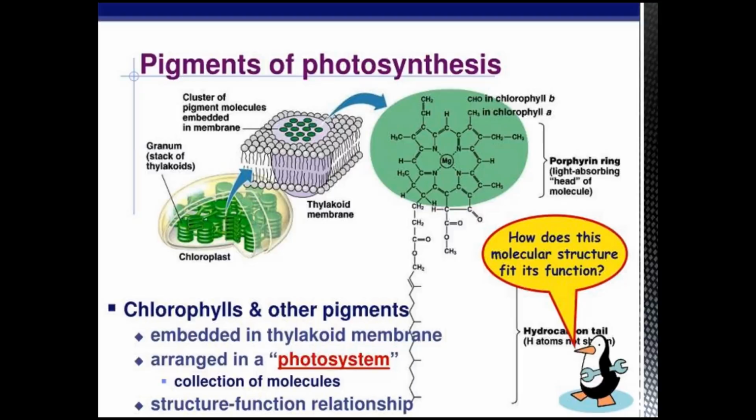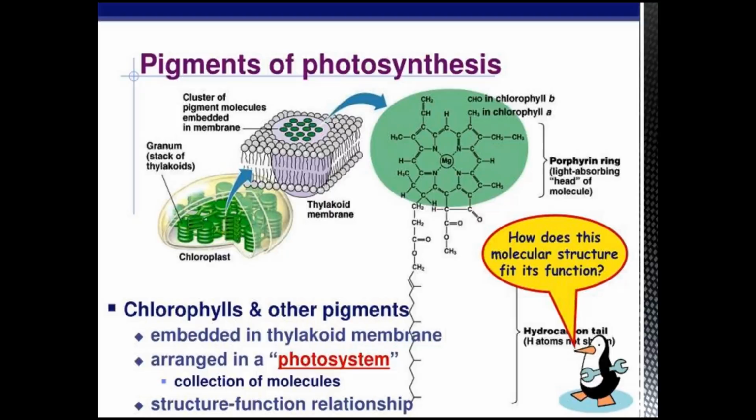Now what is a photosystem? Chlorophyll A, the reaction center, and the accessory pigments. What are accessory pigments? Chlorophyll B and carotenoid. Chlorophyll A is otherwise the primary pigment.